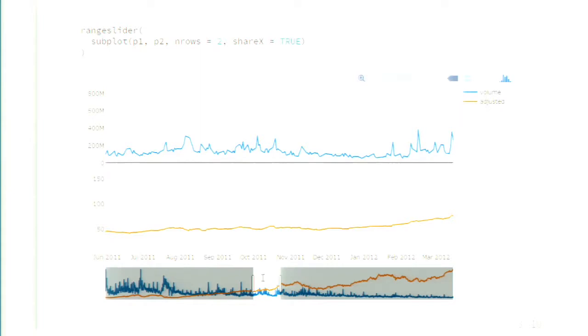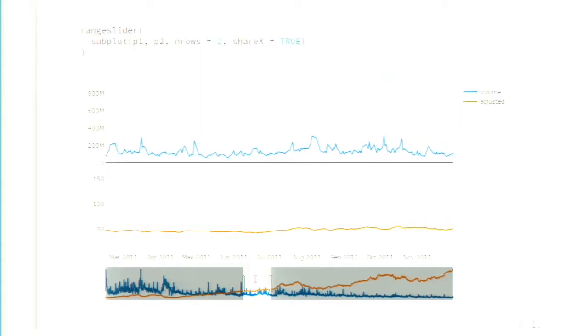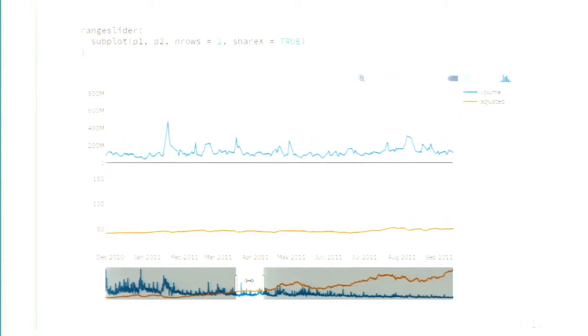And then you can also mess with this window if you want to shift the window at all. And I probably should have included some examples where you can include some buttons if you want to, say, shift by 6 months, shift by a year. We have some examples out there like that.